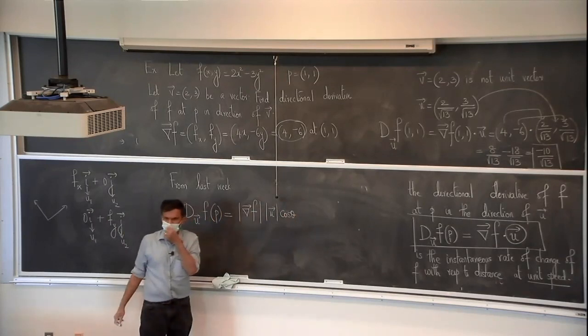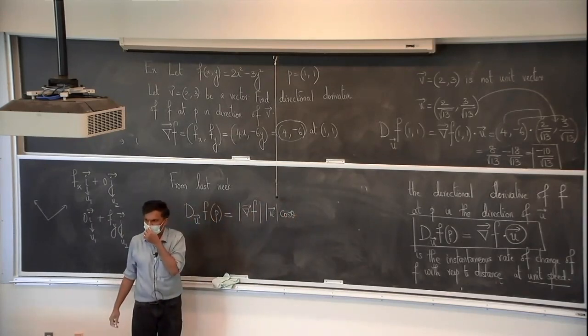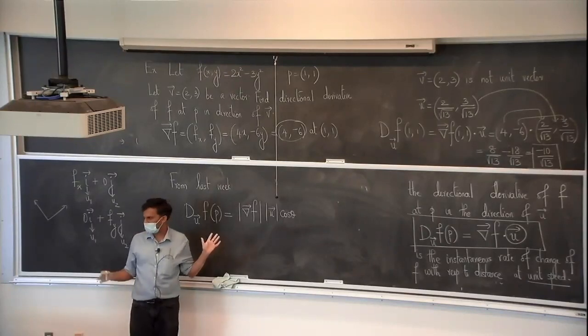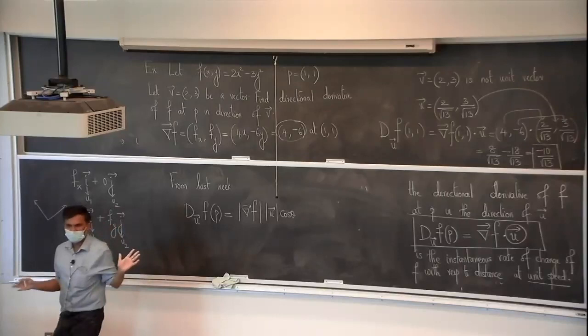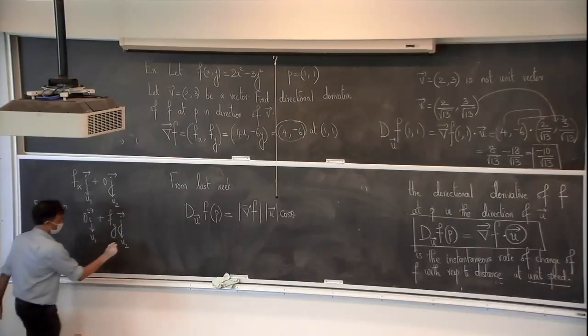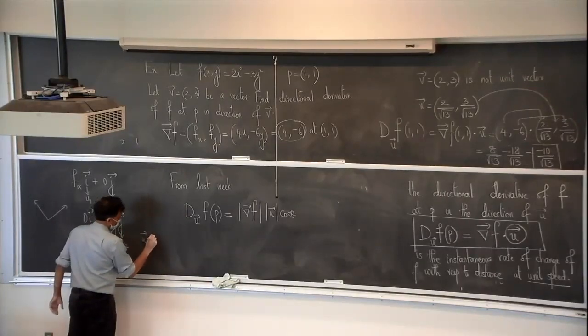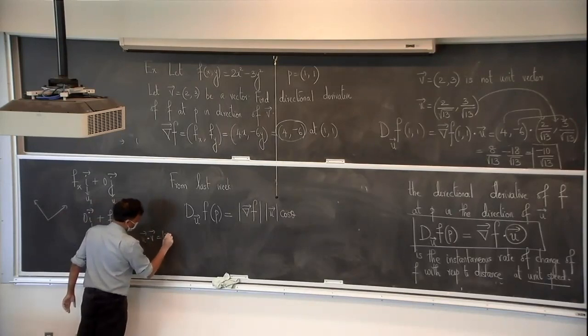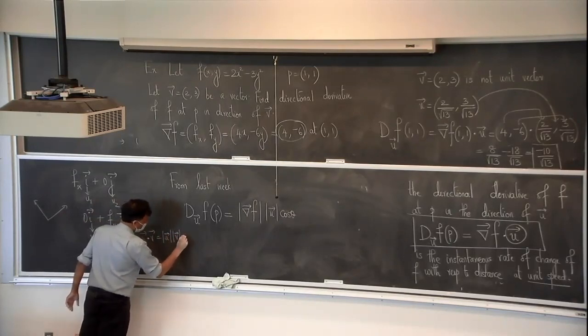Do you remember this? Did I just write something completely new or is it familiar? Maybe this will look familiar: u dot v equals the magnitude of u times the magnitude of v times cosine theta.